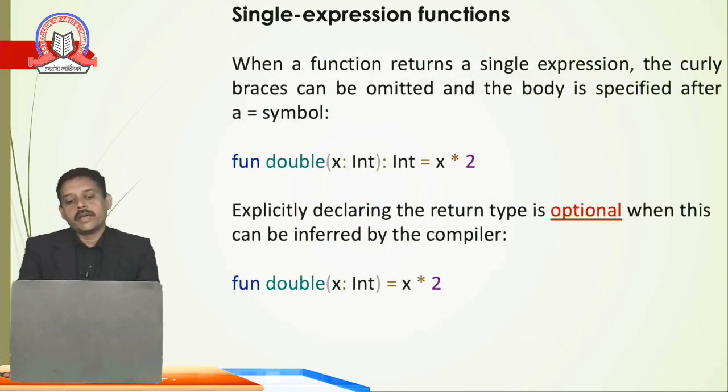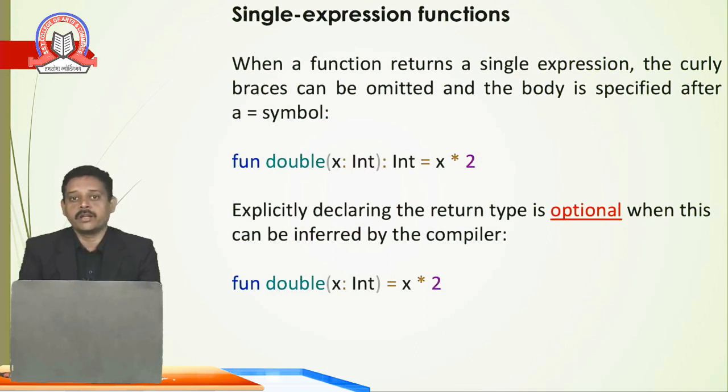Now the single expression function. This single expression function is used to save lines of code. As we have seen in the first or second slide in the example, we created one function double. In that we used an opening brace and a closing brace, and we used return 2 times x.